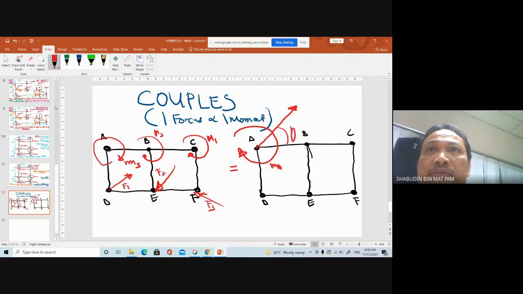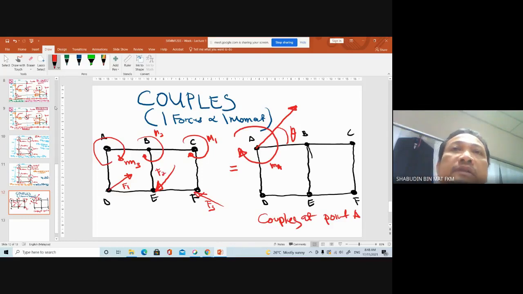This is a couple, a couple at point A, where you transfer all those moments and all the forces to point A only.